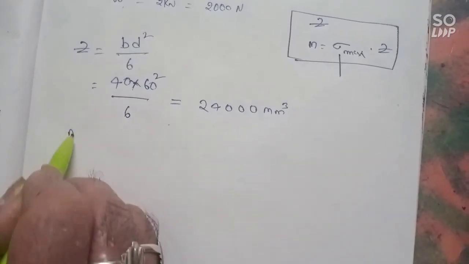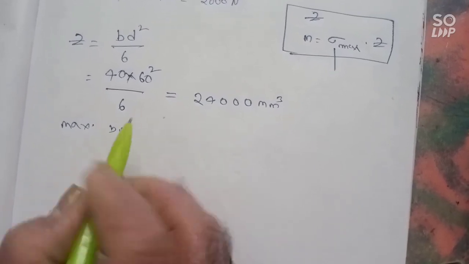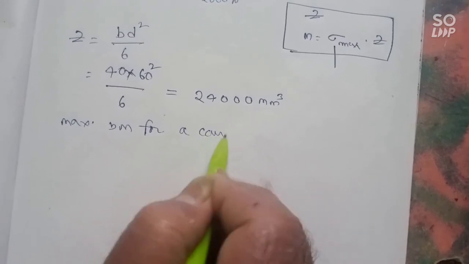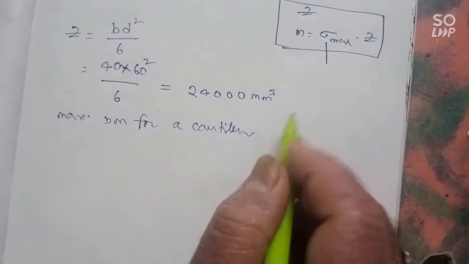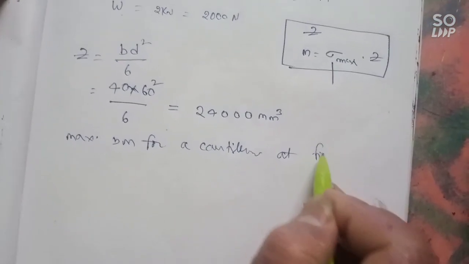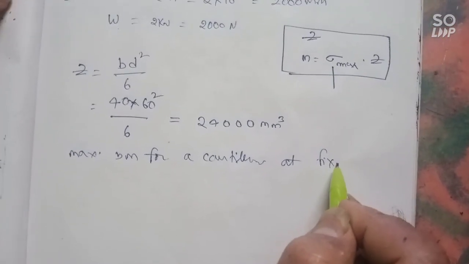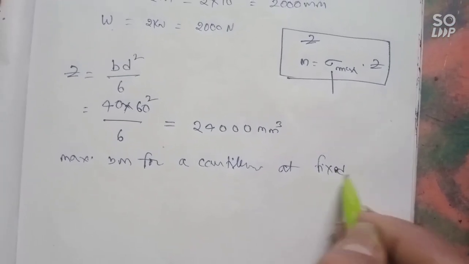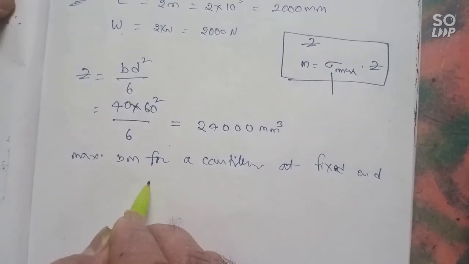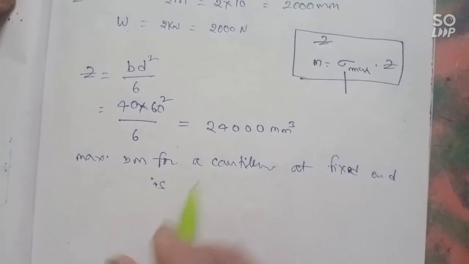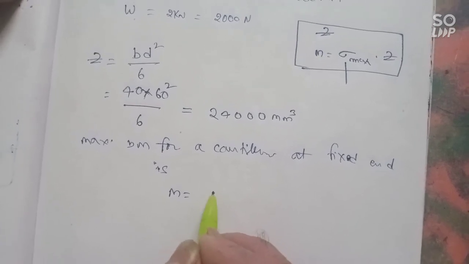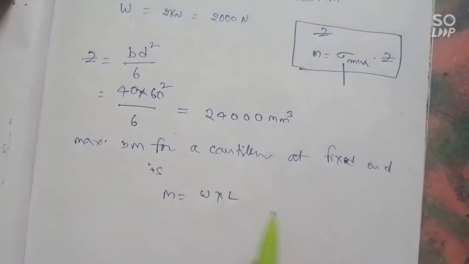Maximum bending moment for a cantilever at the fixed end is M equal to W into L. Maximum bending moment occurs at the fixed end.